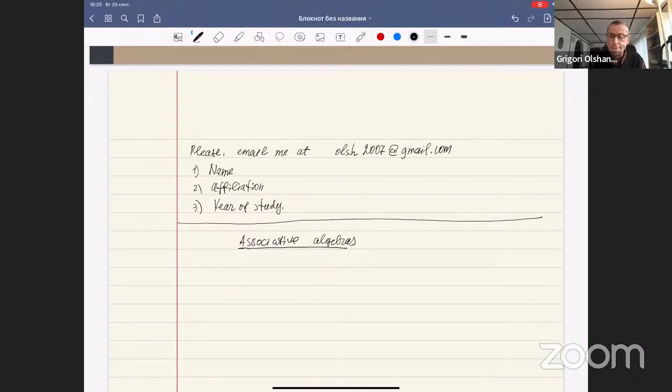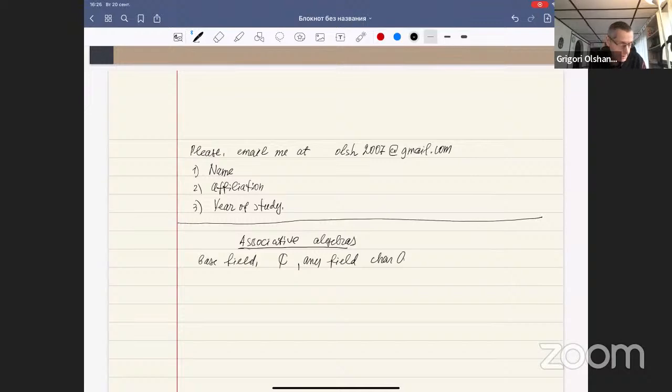The base field is arbitrary. Let's suppose C or any field of characteristic 0.